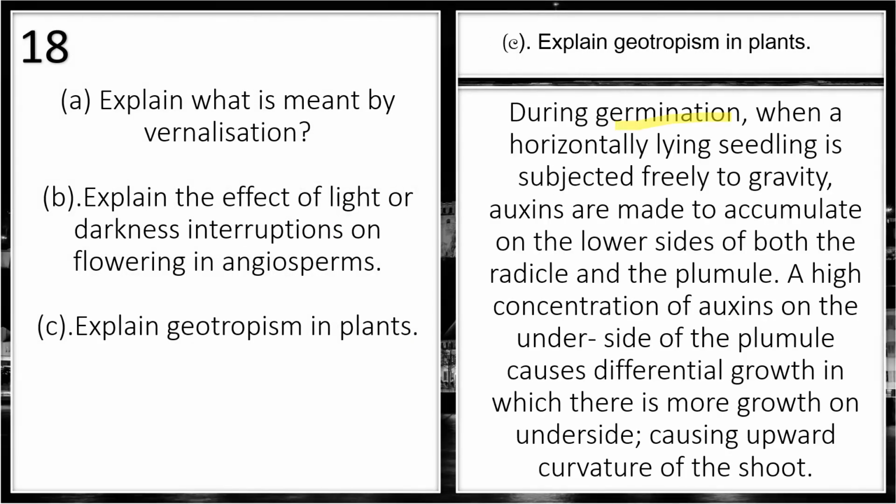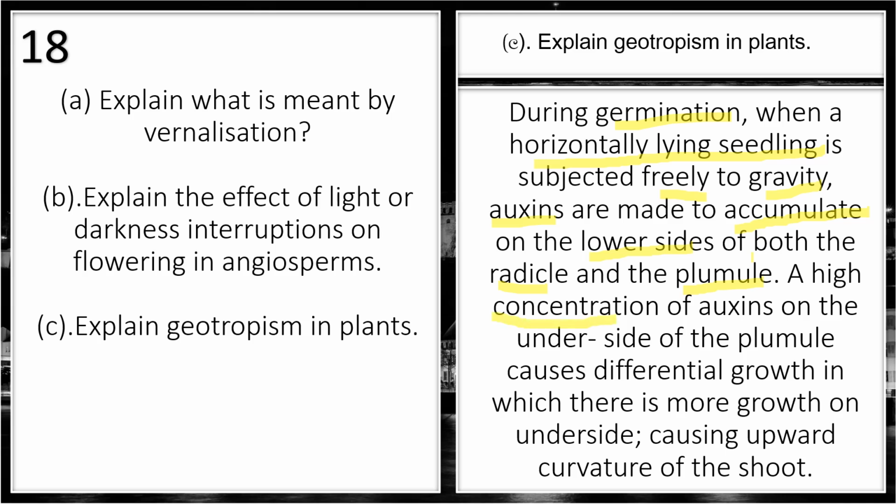During germination, when a horizontally lying seedling is subjected freely to gravity, auxins are made to accumulate on the lower side of both the radicle and the plumule.